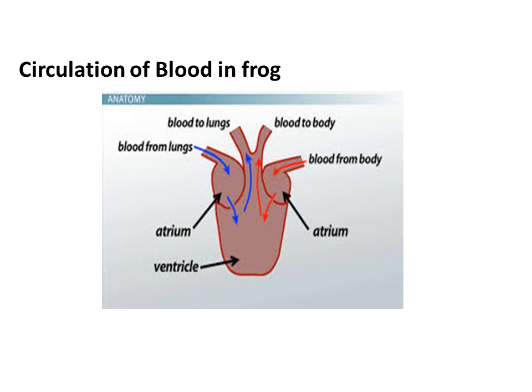So this is actually the kind of circulation that takes place in the frog, right? So oxygenated and deoxygenated blood mix up in the ventricle, and the oxygenated blood from the ventricle is carried towards different parts of the body, and the deoxygenated blood from the ventricle is carried towards the lungs for oxygenation, right?